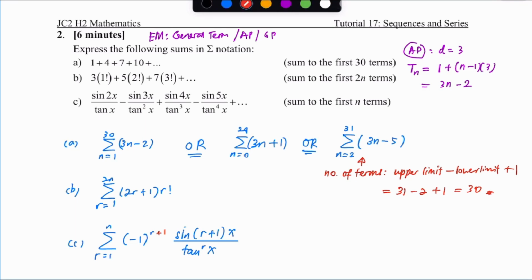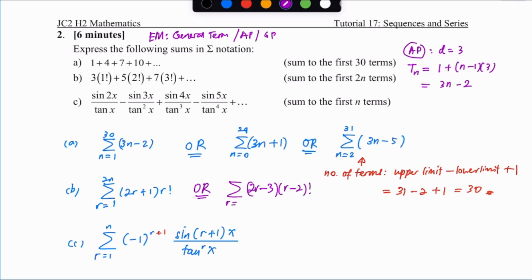Now, if we want another expression, for example if you want to start with 3, because you start 3, 5, 7, then r plus 2. You get 2r minus 3, bracket r minus 2 factorial.